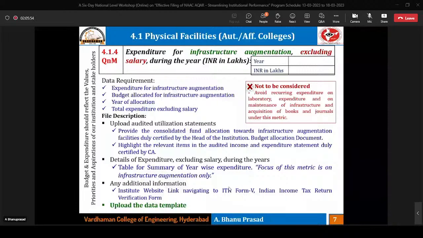These will be given under different metrics that we'll come to know. So 4.1.4 is linked up with 4.4.1. We'll see that particular table when we go to 4.4.1 regarding the maintenance of infrastructure.